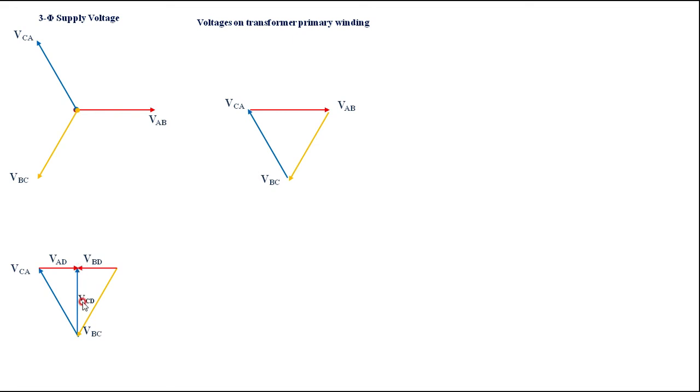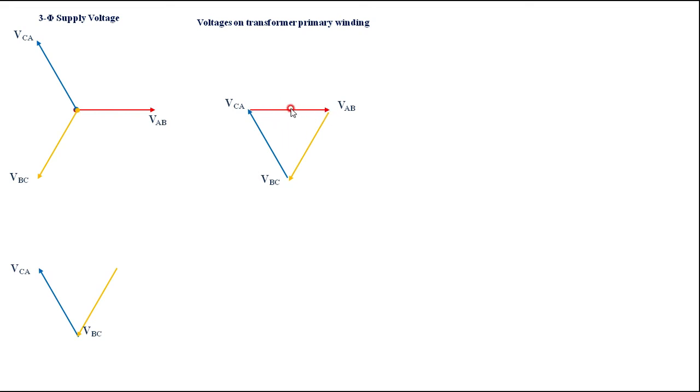Then the voltage across CD, that is the primary voltage across the teaser winding, this is CD. Then how are we getting this? Now this is VCD. How to get the VCD, that I will derive there. Just remember how to draw the vector diagram. That is, we have BC here and CA, that is a full vector.